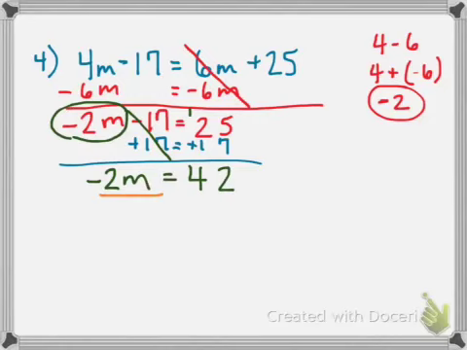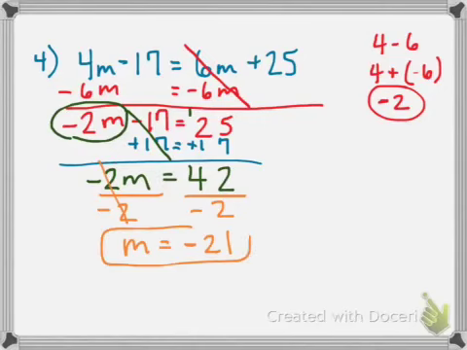My last step, I divide by my entire coefficient, which is negative 2. Not just 2, but negative 2. And then I'm left with m equals 42 divided by negative 2 is going to be negative 21. It's negative because a positive divided by a negative gives me a negative. So m equals negative 21.